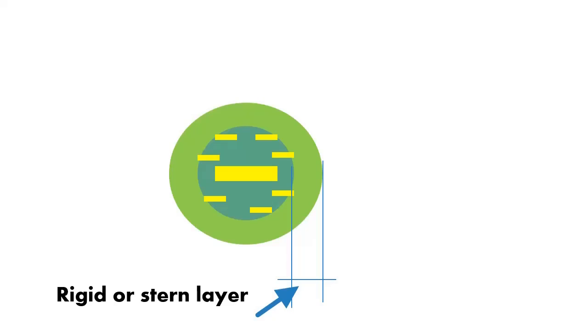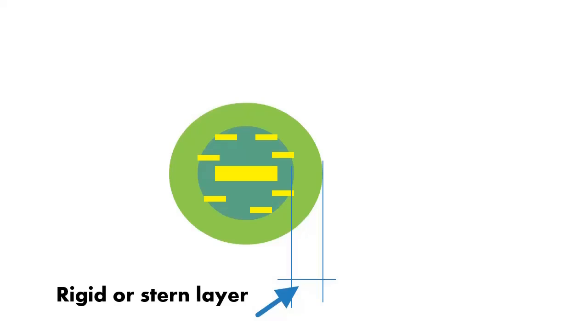Now, what do we need to do? We need to destabilize these particles. Destabilize means we need to build one surface layer on the colloidal particle, which is negatively charged. When we make that one thin surface on the colloidal particle, we call it the rigid or stern layer.